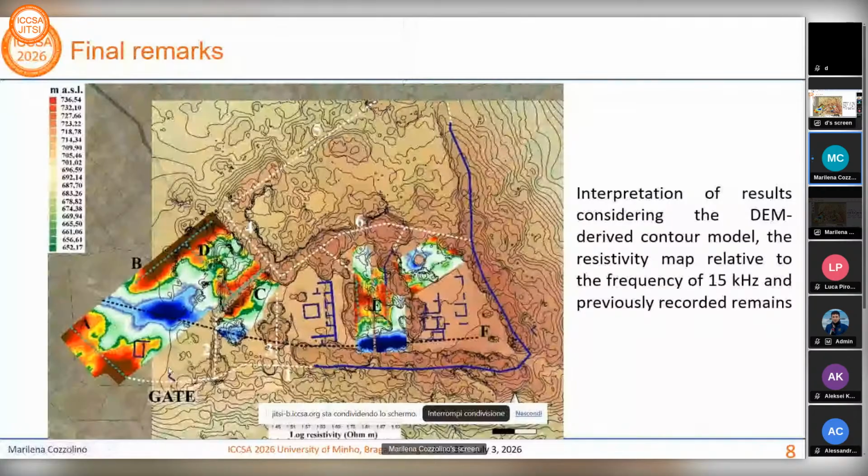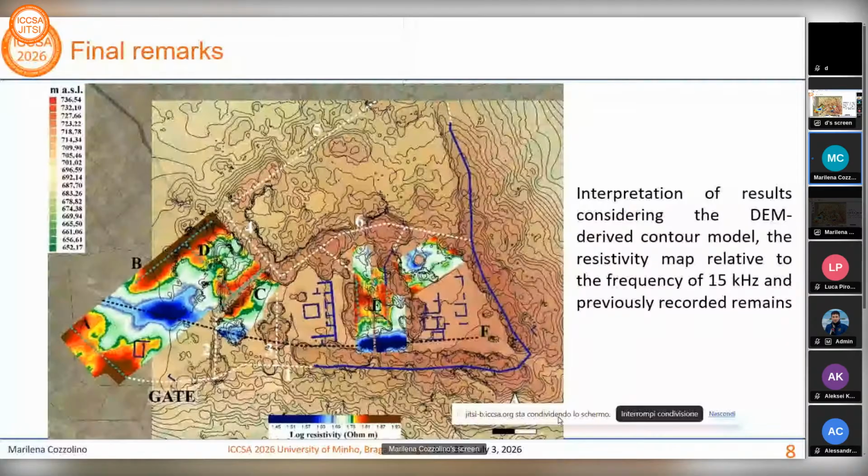In blue, there is a low resistivity due to a pipe buried into the soil that disturbed all the results at this point. And we can suppose the presence of different terraces that level the topographical differences in the site.